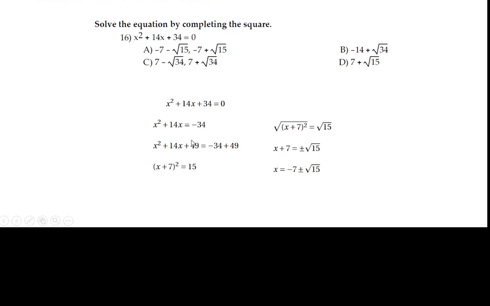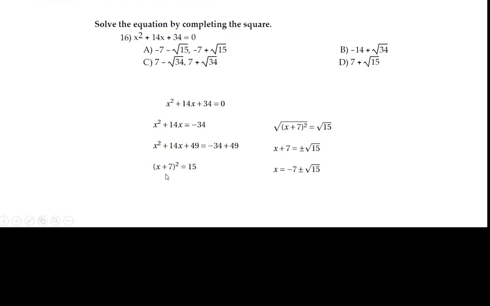We add 49 to the left, but that means we also have to add 49 to the right. This factors to (x plus 7) squared. And -34 plus 49, it's the same as 49 minus 34, that'd be 15. So (x plus 7) squared equals 15.